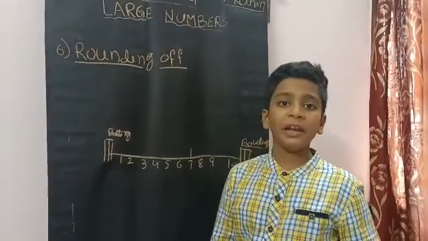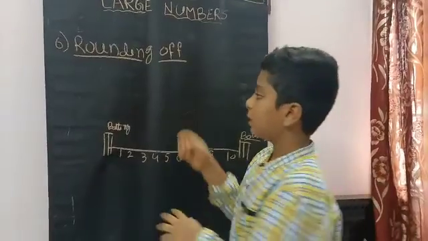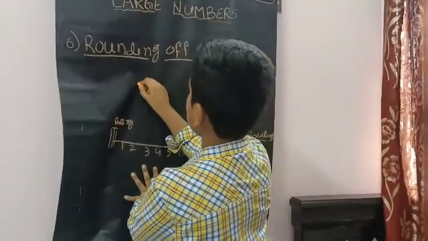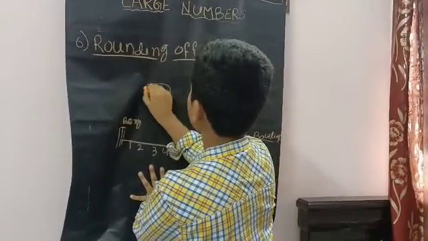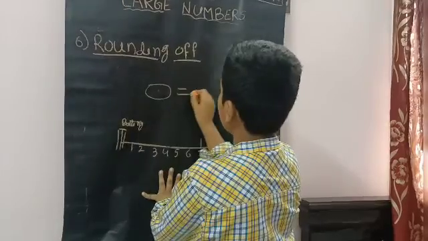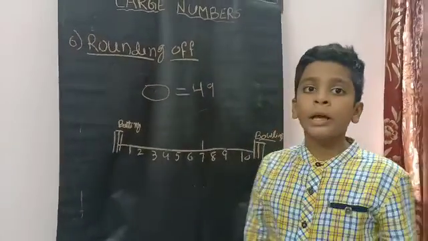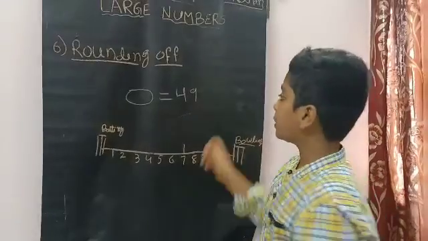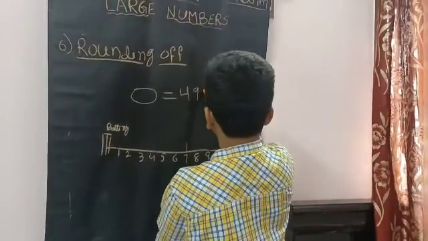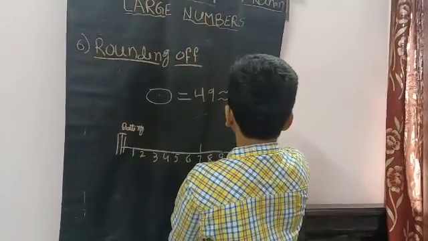Now another real life example. Take this soap: it costs 49 rupees, but when we tell, we will say approximately it is 50 rupees.